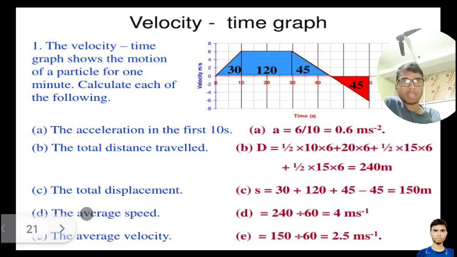For the total displacement, from here to till here, you will use the three equations of motion. I am ignoring it, but it doesn't mean that it is not important. I am not comfortable with this numerical, that's why right now I am ignoring it. I have given a hint that you will have to apply the formula of three equations of motion from here to till here.